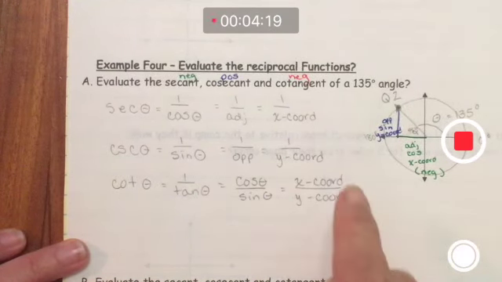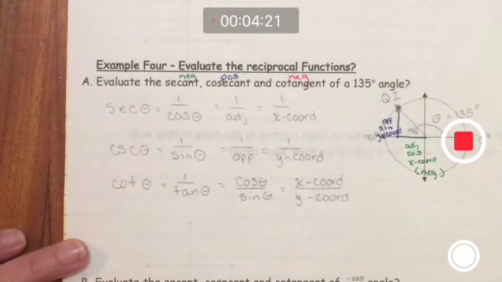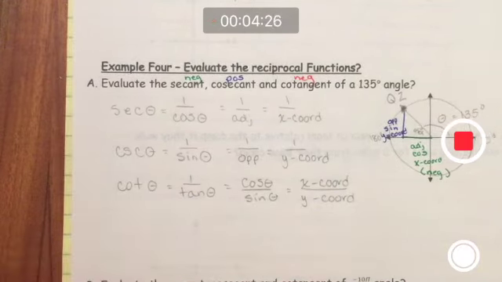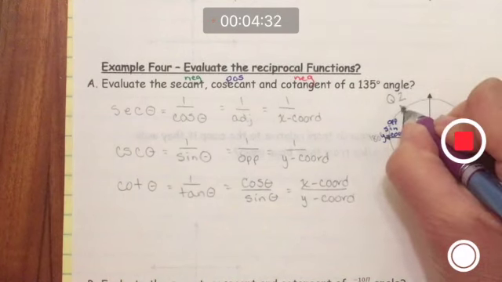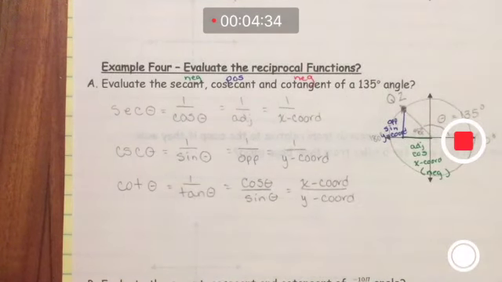So because this is a unit circle, and that tells me that my radius is 1, which gives me a hypotenuse of 1. So this is going to be, find a different color.